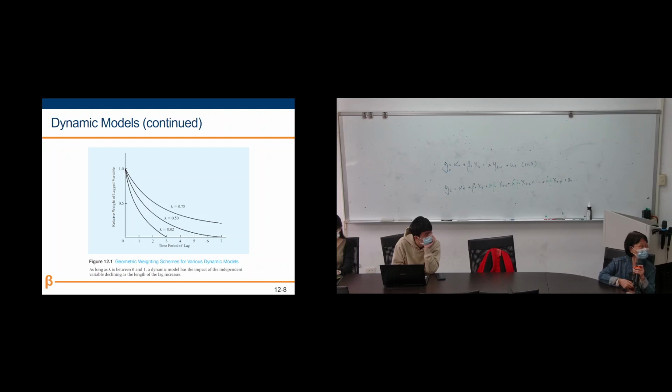If lambda is smaller, it declines fast, since I have to square it. If it's a small number, I square it even smaller. All right? So far, I think we understand this one, right?